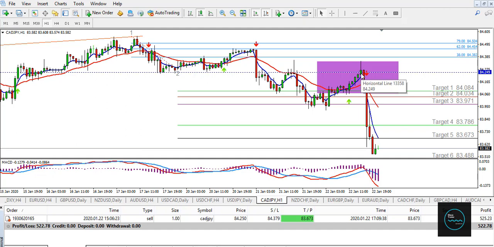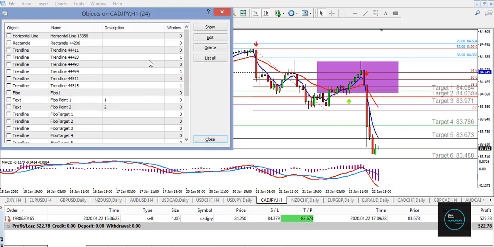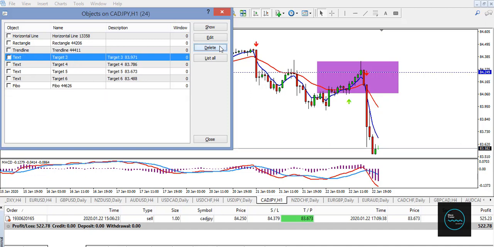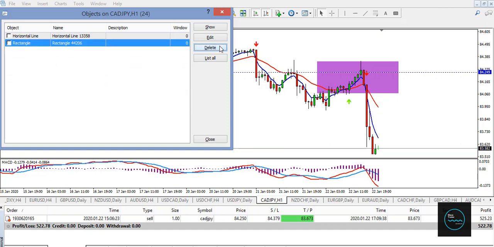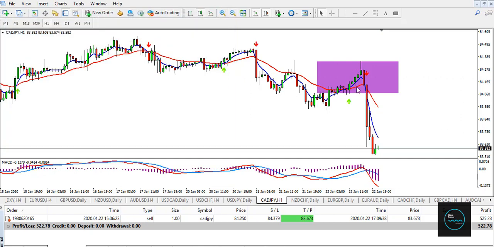What I did instead was I took the retracement from, was it here? Yes, I took the Fibonacci retracement here. Let me just delete this and show you again so that you can see it properly and understand what I did. I don't want to delete the rectangle, so I'm just going to delete this.